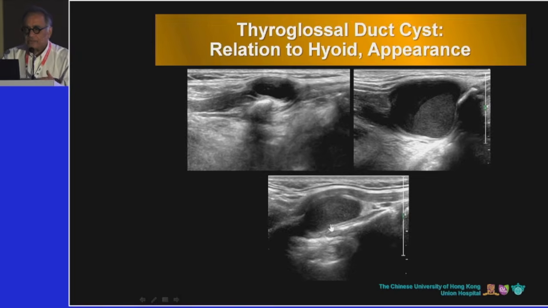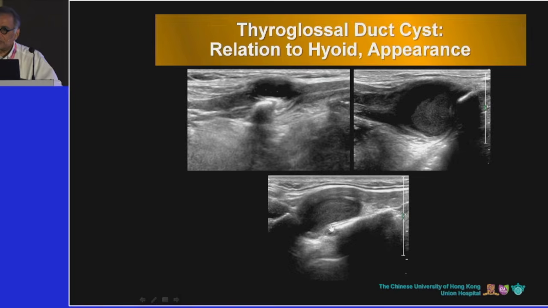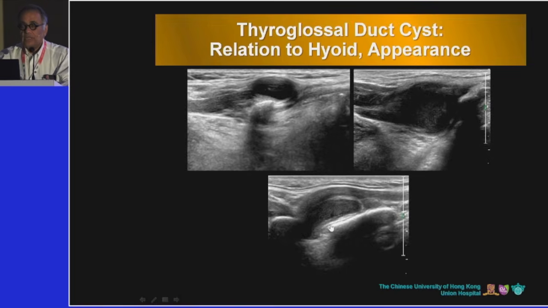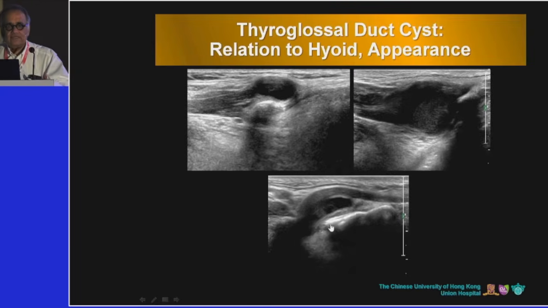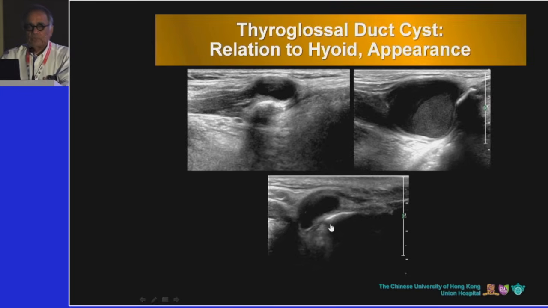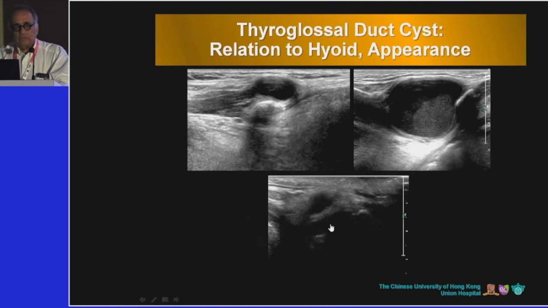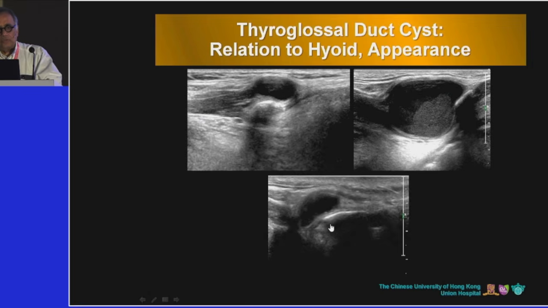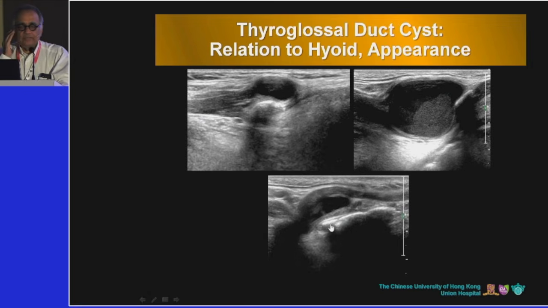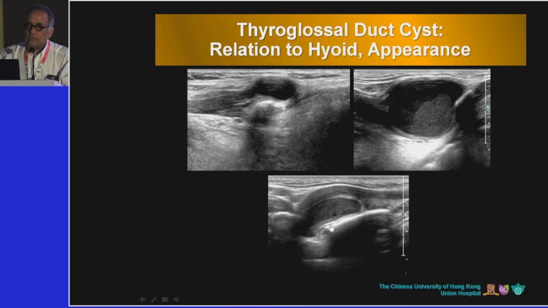So the different appearances of a thyroglossal duct cyst and their location, they are located in the vicinity of the hyoid bone. And that is important for a surgeon when he is operating. When you're making a diagnosis of a thyroglossal duct cyst, there are a few things he wants to know.